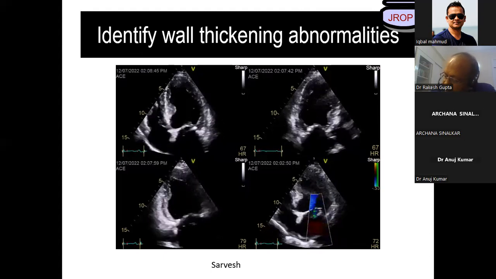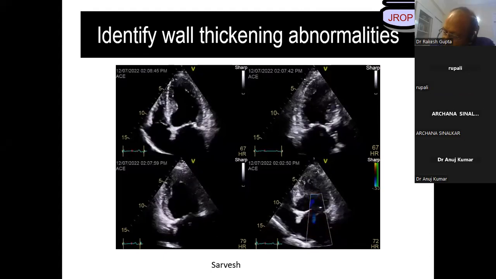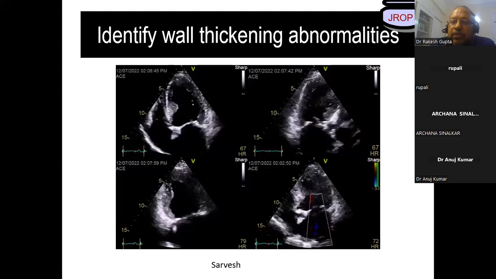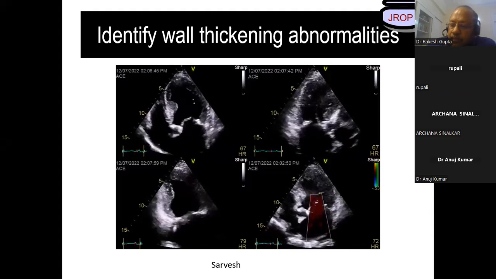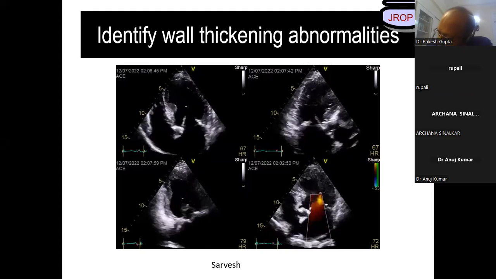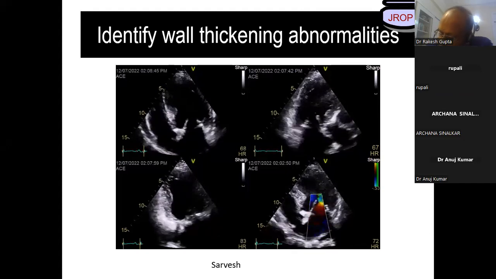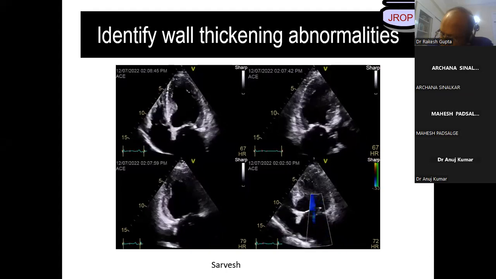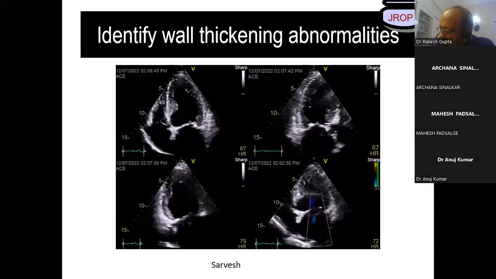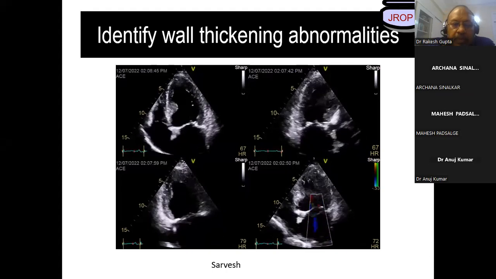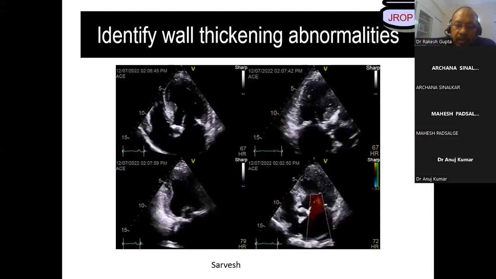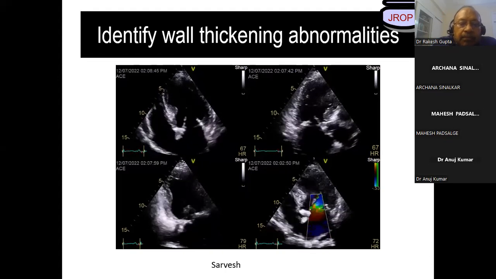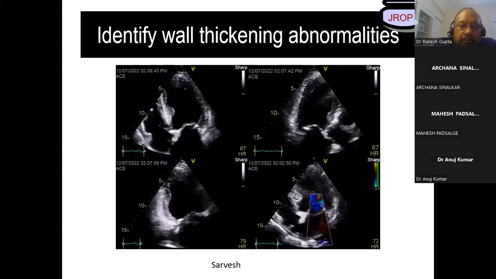Dr. Madhurima Datta, Silchar. Dr. Madhurima, are you there? Dr. Mahesh Padsalge? Yes, sir. Tell me. In the first 4-chamber view, I am seeing basal septum is akinetic, but otherwise all other walls are moving well.